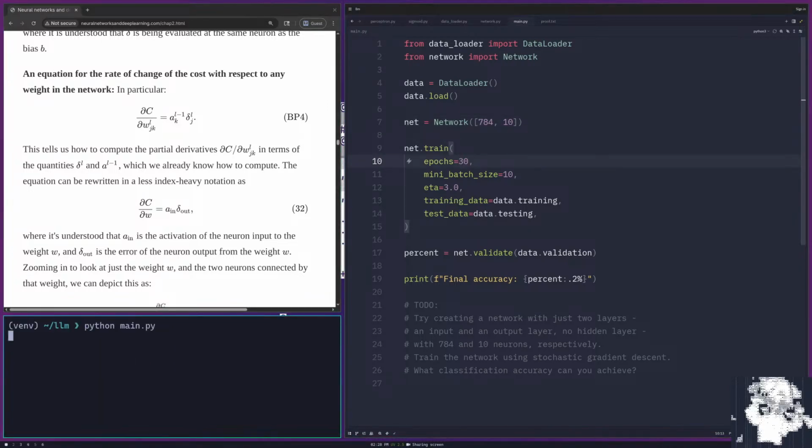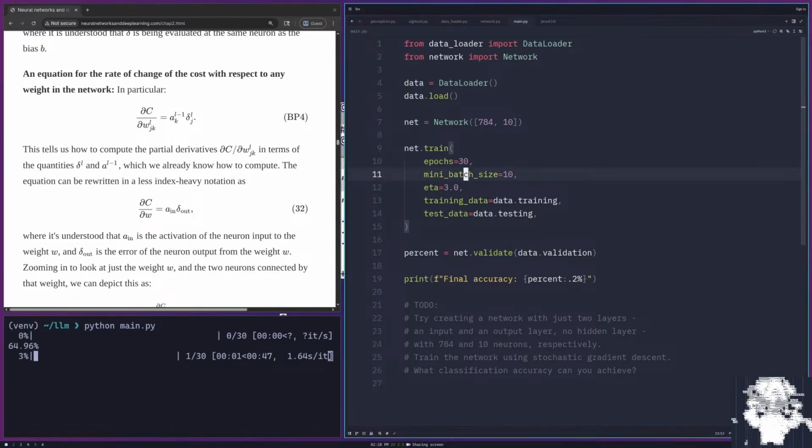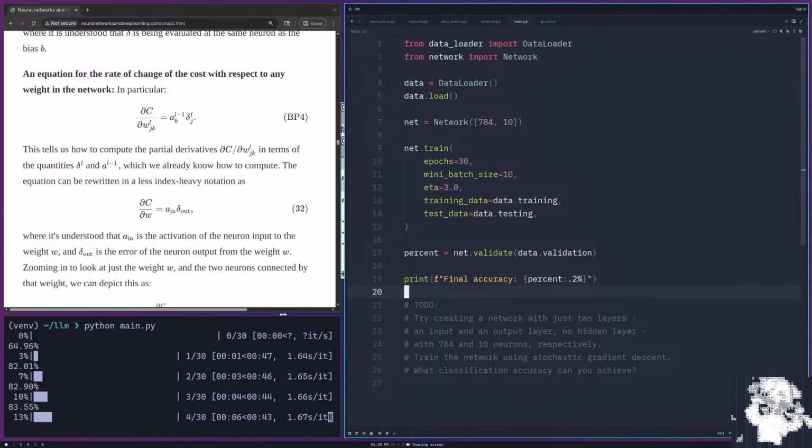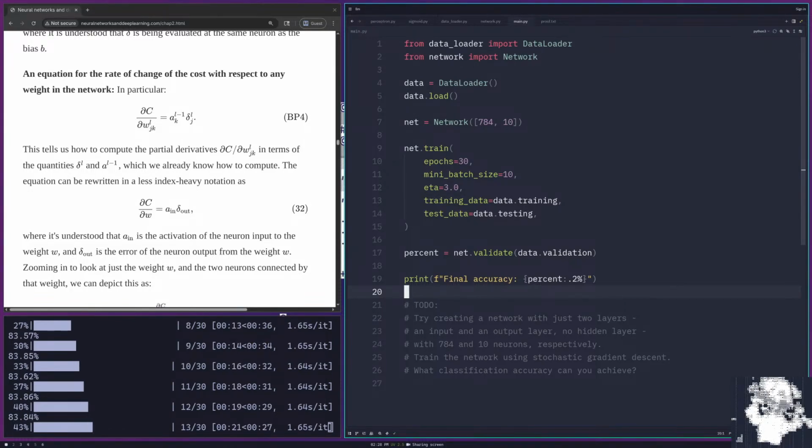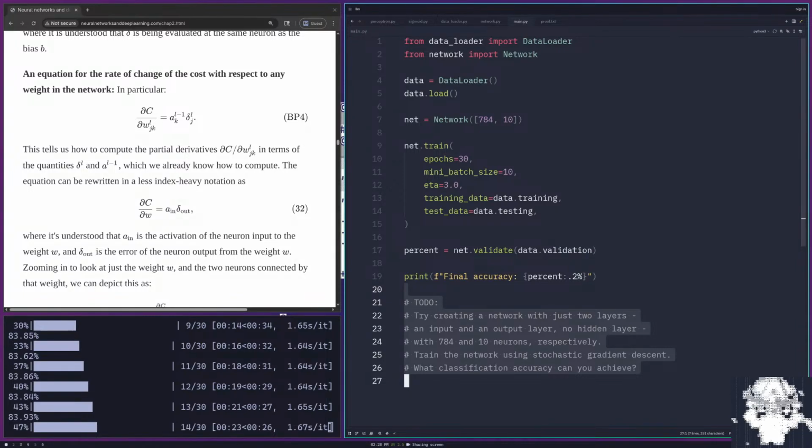So, oh wow, we got lucky at the beginning there, and we jumped right to 80%. Okay, so what accuracy can you achieve?